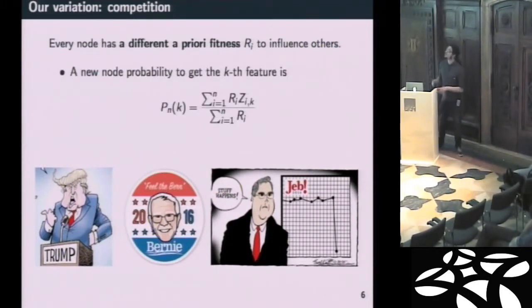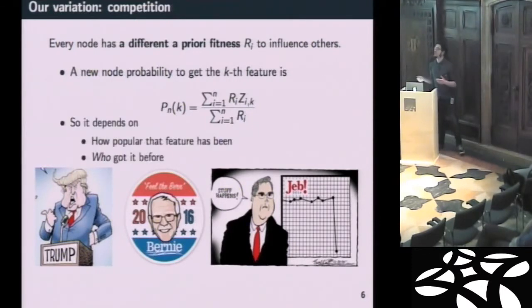Well, we considered that the probability to get the k-th feature is the sum of the fitness of all other nodes that tried that feature before. In this way, we got the result that the most popular feature gets chosen more often, so we get a rich-get-richer effect, and also there is a competition, so it depends on who got it before.